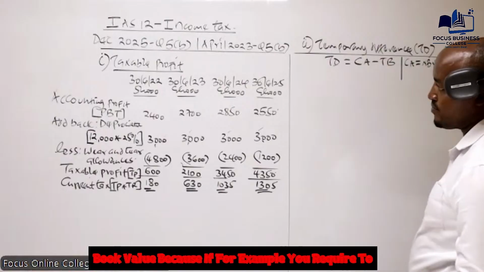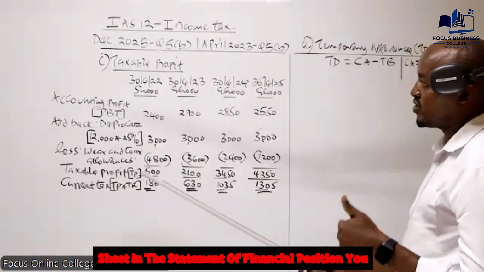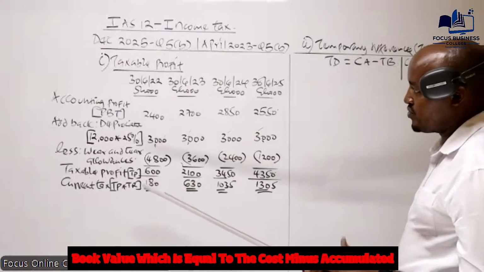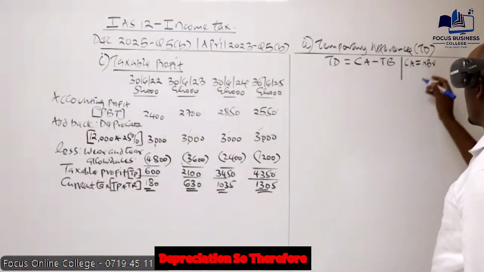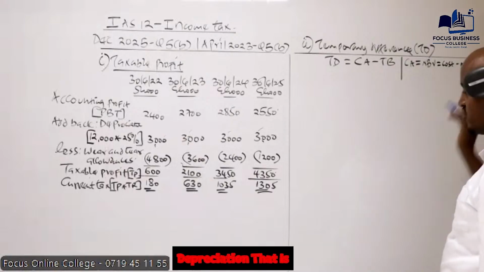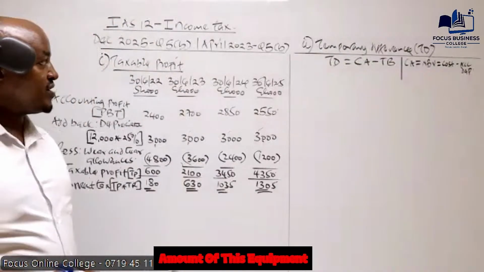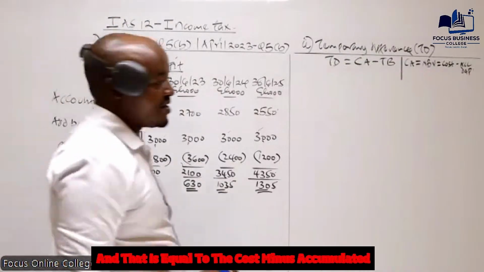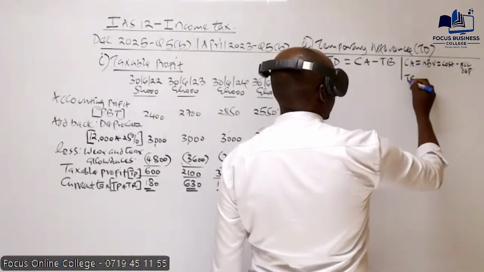If you're required to record this equipment in the statement of financial position, you record it at the net book value, which is equal to the cost minus accumulated depreciation. That is what is important for you to know there. What about the tax base?